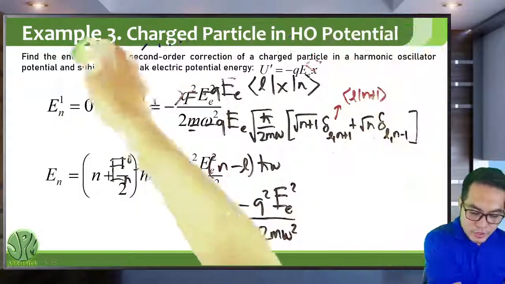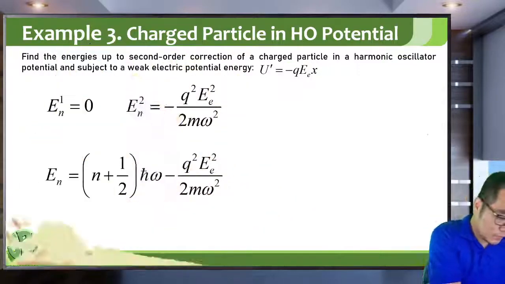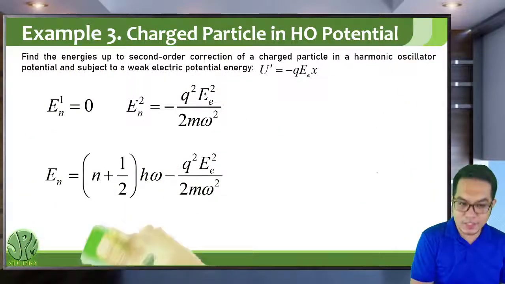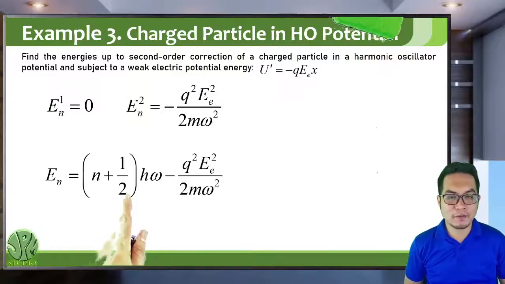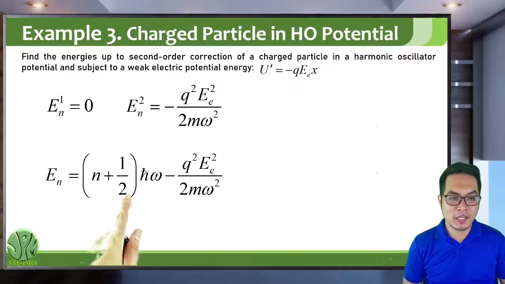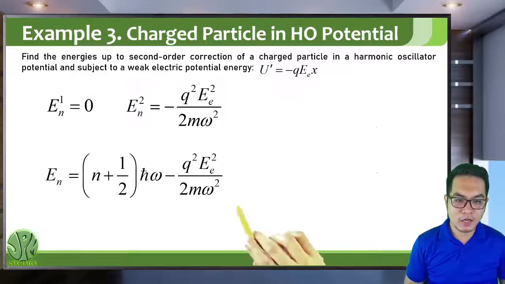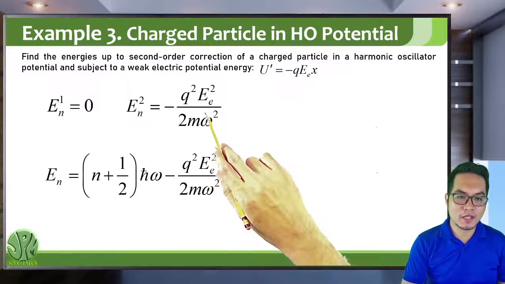So if you are to approximate the energy of this perturbed system up to the second order correction, you have the zero order correction, or the unperturbed energy. There is no first order correction, and it jumps directly to the second order correction, which is given by this value.